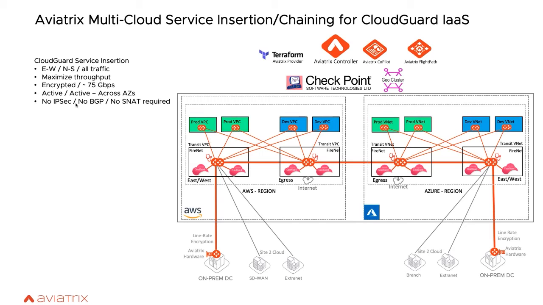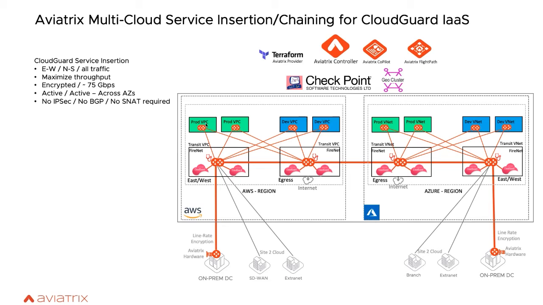One more thing which is extremely important is that encryption is not an afterthought. Encryption is built into the architecture. So when you build this architecture using Aviatrix, we make sure everything is encrypted. All those links that you see, these red lines going from this spoke VPC to this transit VPC, for example, they're all encrypted links.